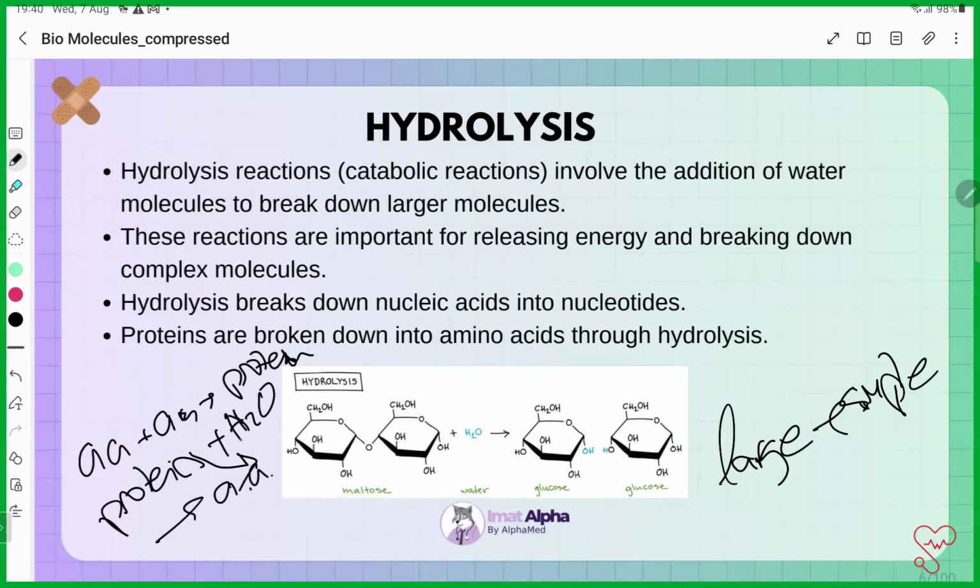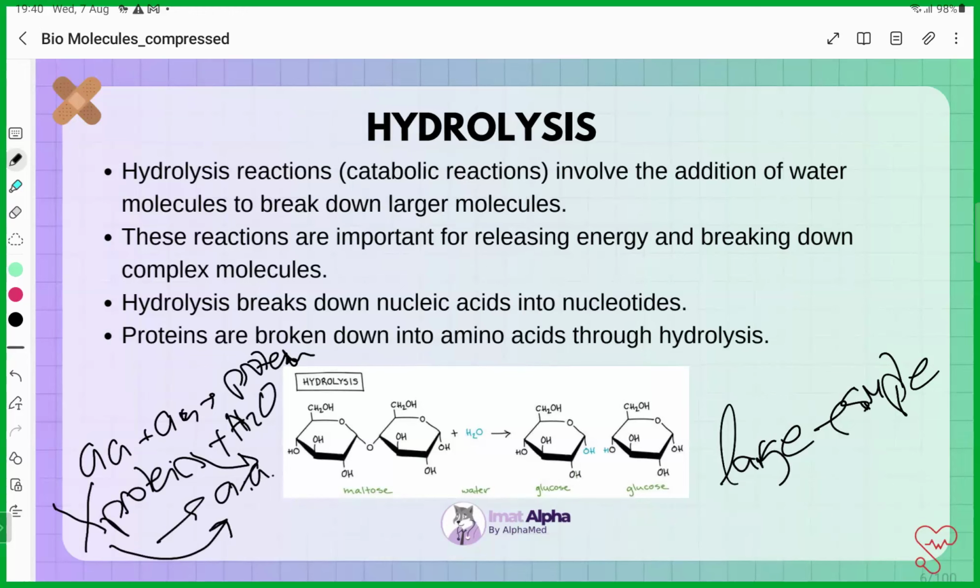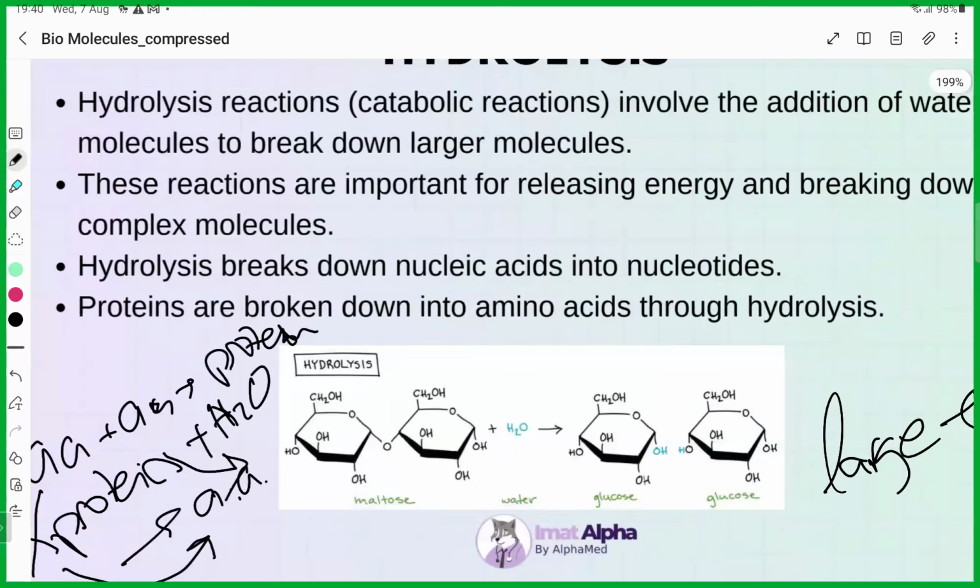Here we broke the protein down, creating amino acids by the usage of water. If we see here, we have the maltose, we have the glycosidic bond, and we added water, and then we were able to add one H here, one H here, and one oxygen on the side, ending up with two glucose molecules.